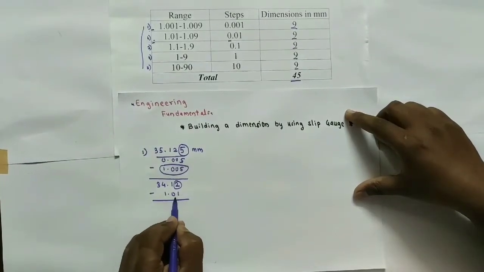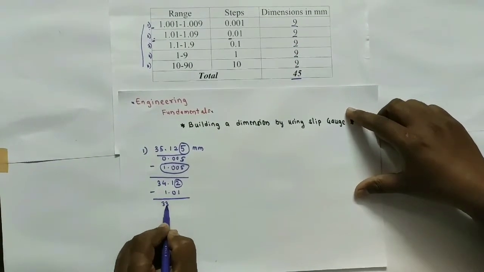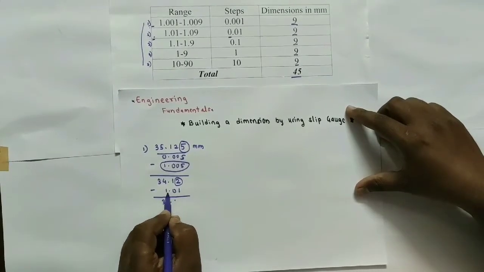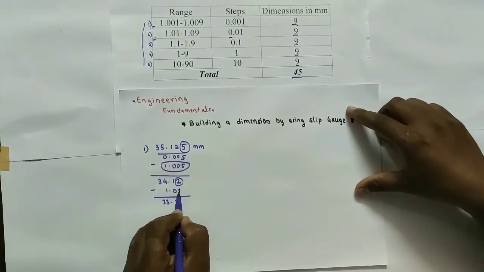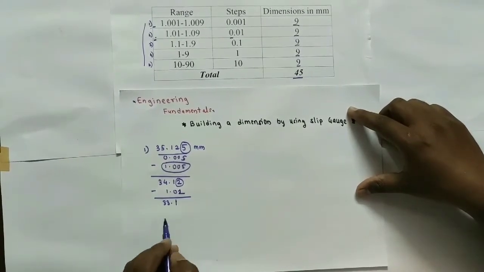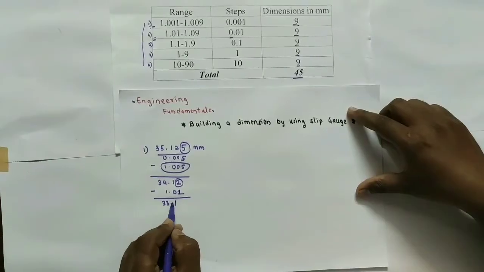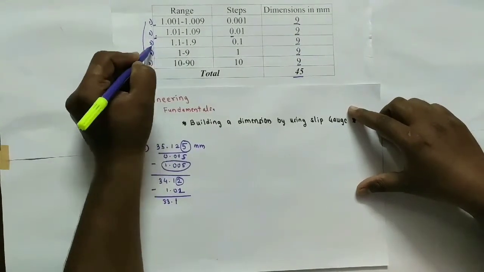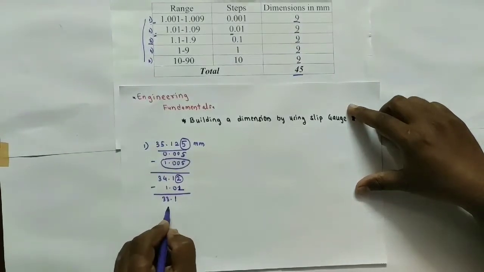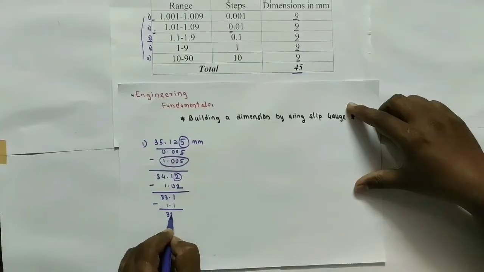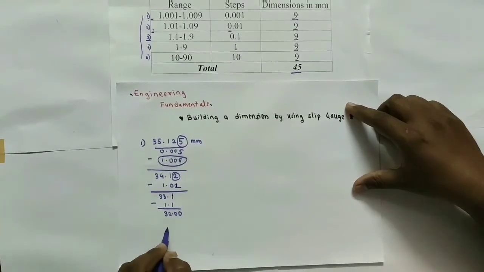Then you subtract this, and you get 33.1. Then again from the last we are getting 0.1, which is available in the third range. So we take 1.1 and subtract it. Then you get 32.00.